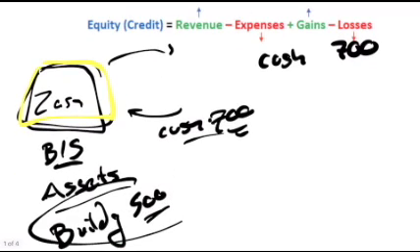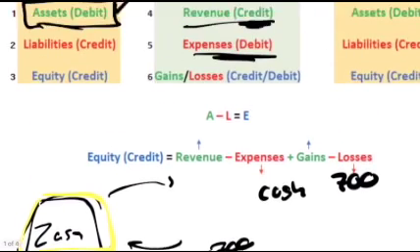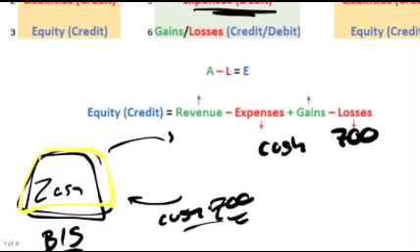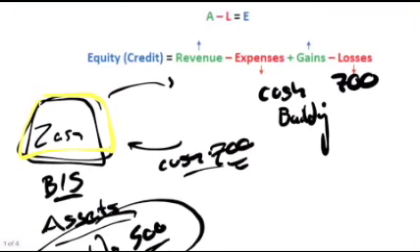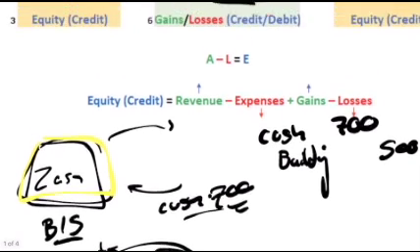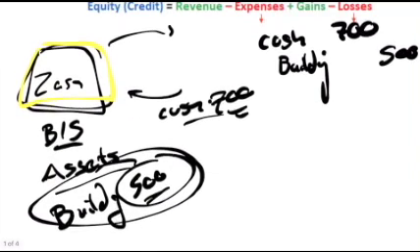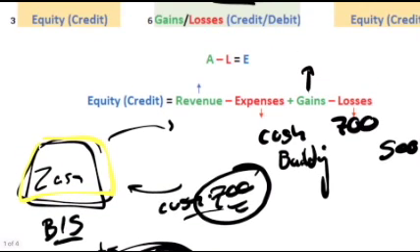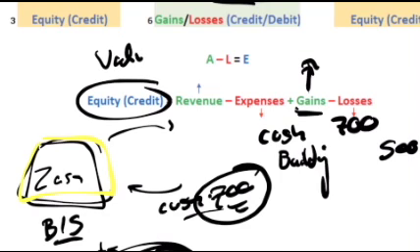I'm giving up my building, which is an asset. So therefore, I have to decrease my asset. That would require a credit entry. So I write building. I am going to credit it for what it's on my books for, $500, and the remainder would be a gain. Because I sold it for more than it's worth, I received $700 cash even though it's worth $500, I received a gain that's going to increase the value of my company.